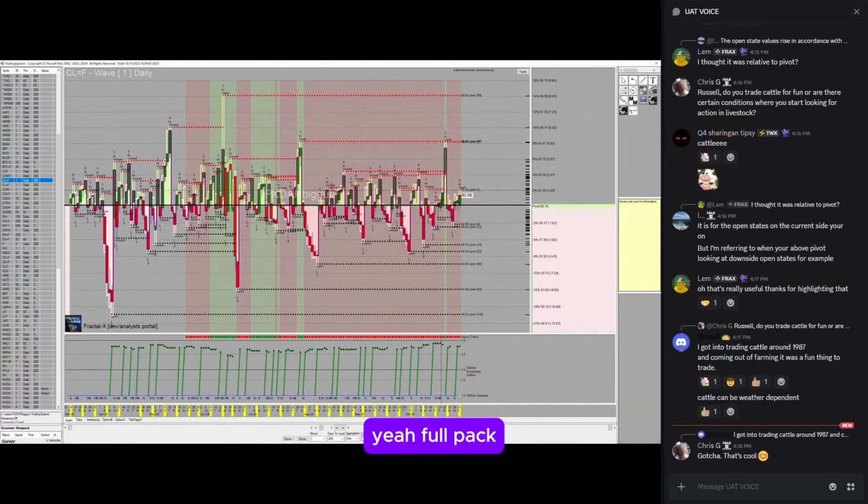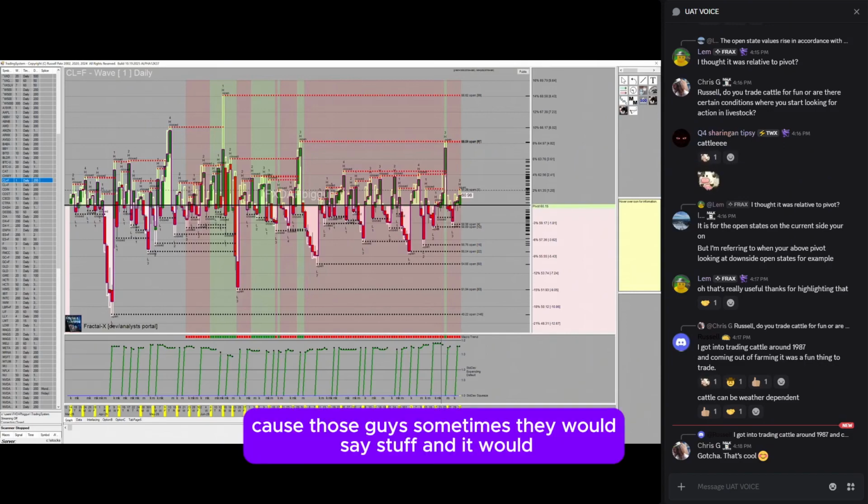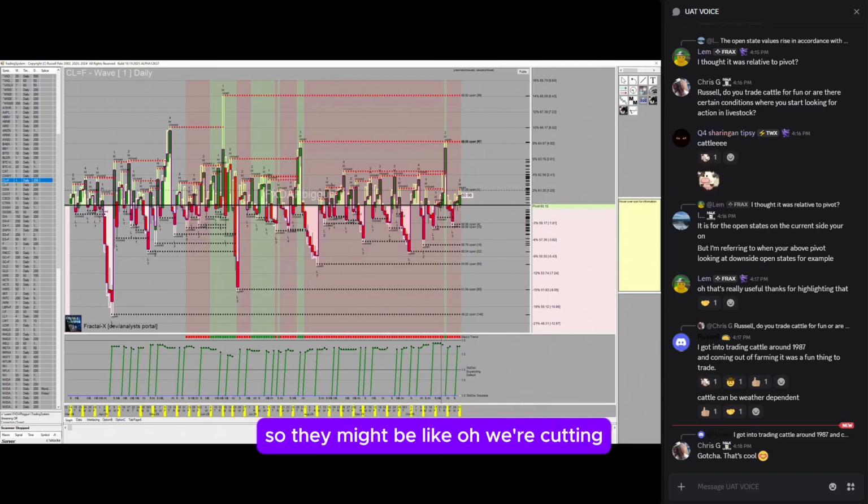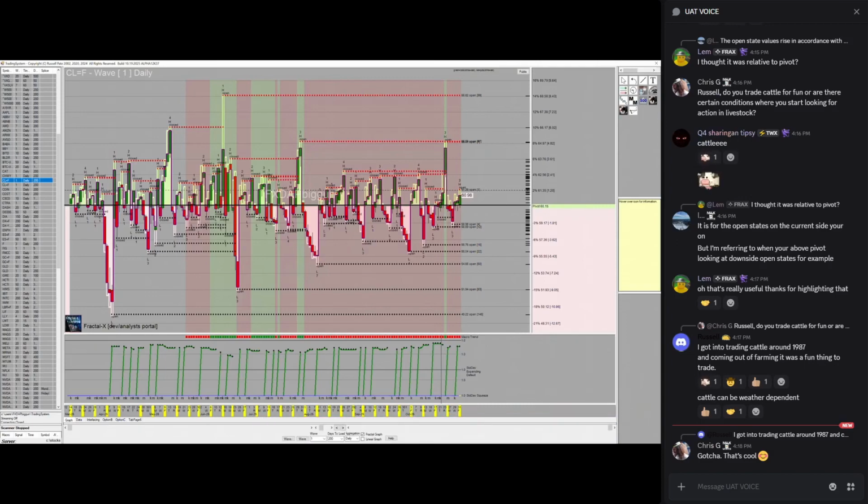Sometimes with OPEC, I've traded oil for a long time, since I started trading oil futures back in the 80s. The consensus was that you take what OPEC says tongue in cheek, because sometimes they would say stuff that never came true. They might say we're cutting or we're adding, and they wouldn't really cut or add.